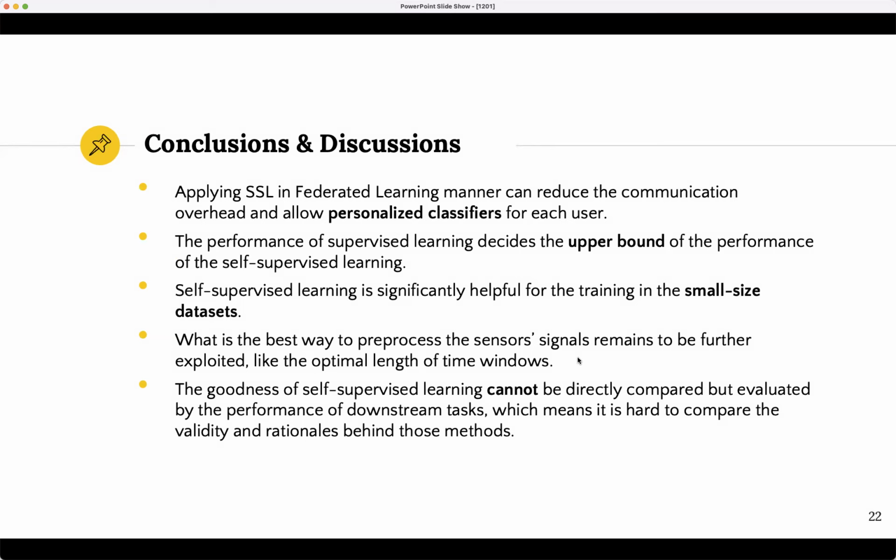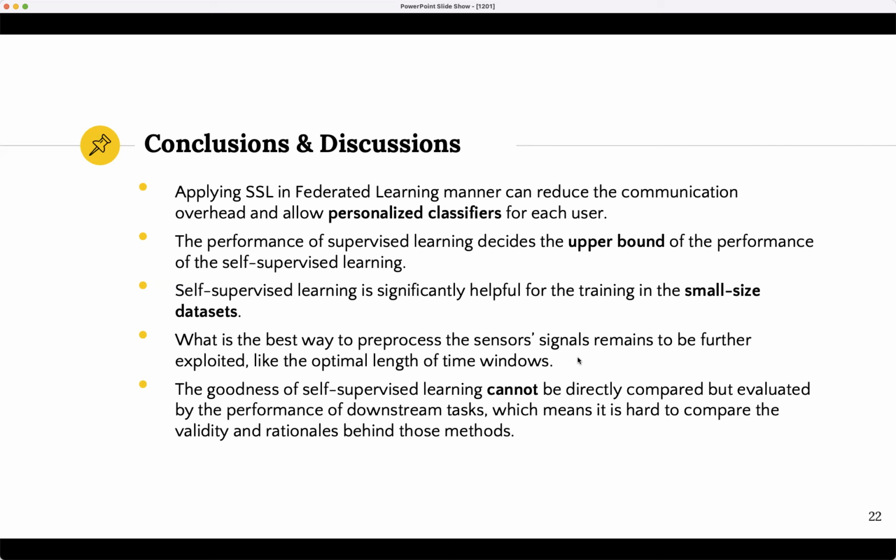First, I want to say that we can easily apply this self-supervised learning in a federated learning manner, which will reduce the communication overhead because you only collaboratively train an encoder, not the whole model, and it also allows personalized classifiers for each user.